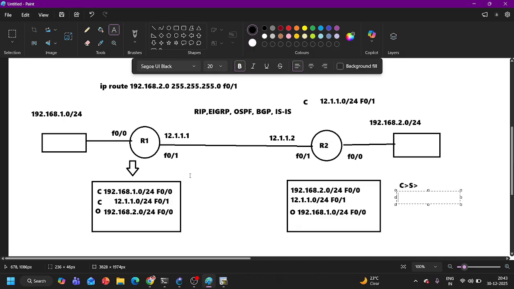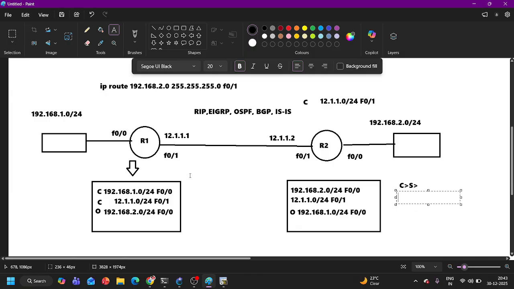Here I have not talked about AD value till now. A connected route will always have AD value 0. I was actually talking about AD value only.